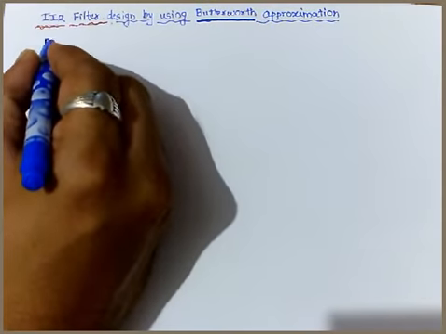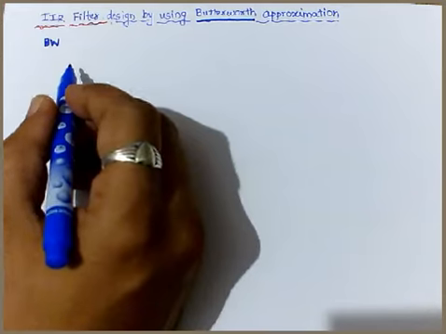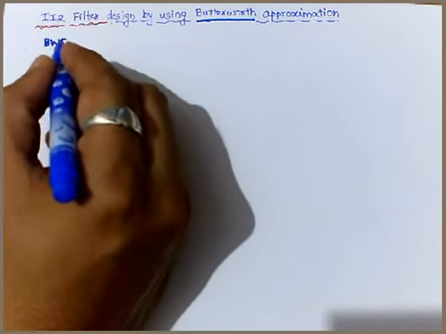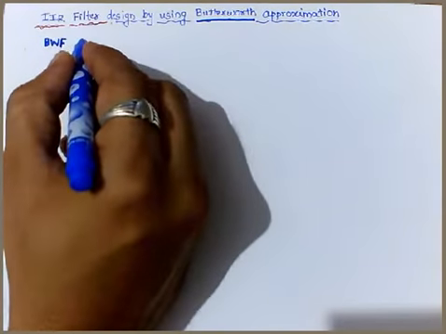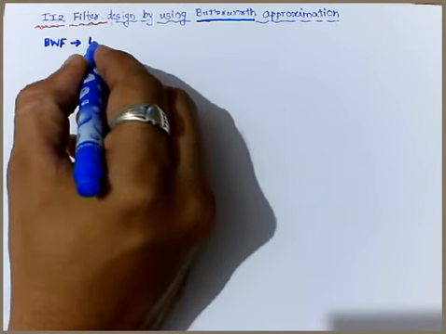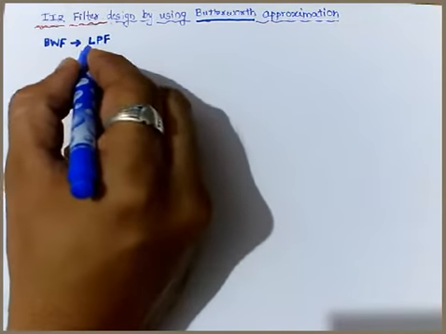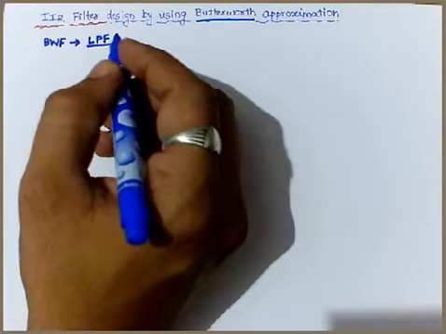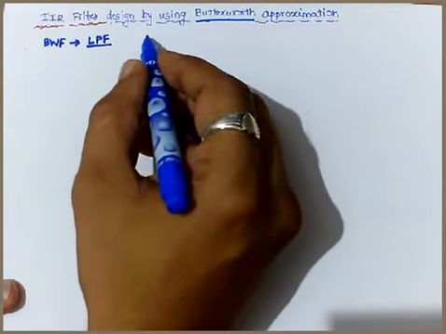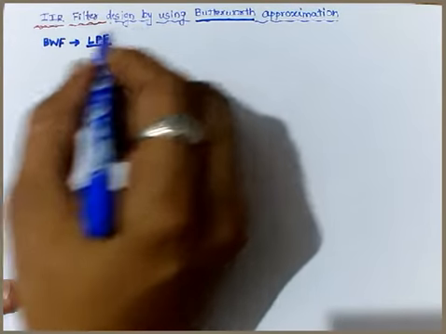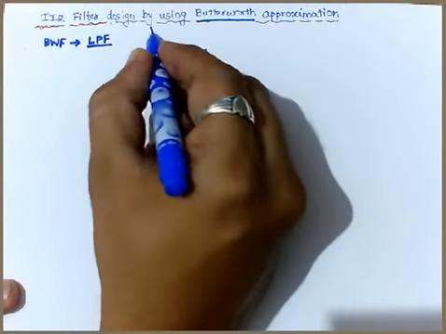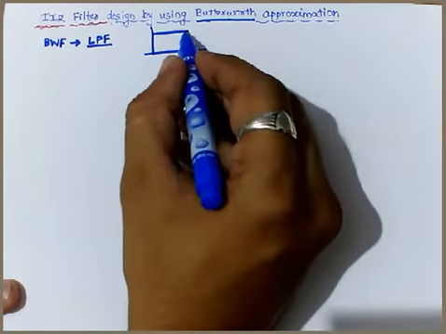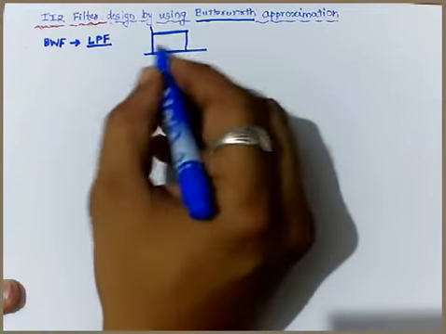Let me just write it down in a small way. This is nothing but, let's say, BWF, Butterworth filter, for the approximation of low pass filter. For the low pass filter, as we know, the ideal graph is like this, meaning it is passing the low frequencies and blocking the high frequencies.